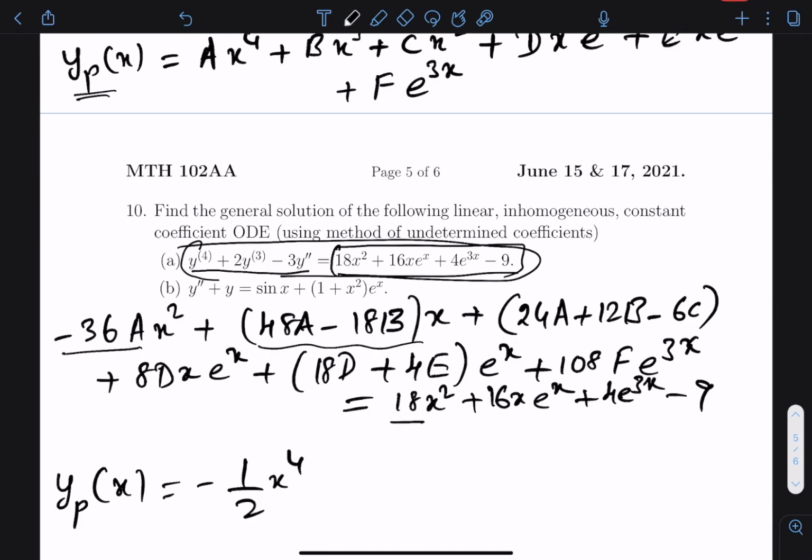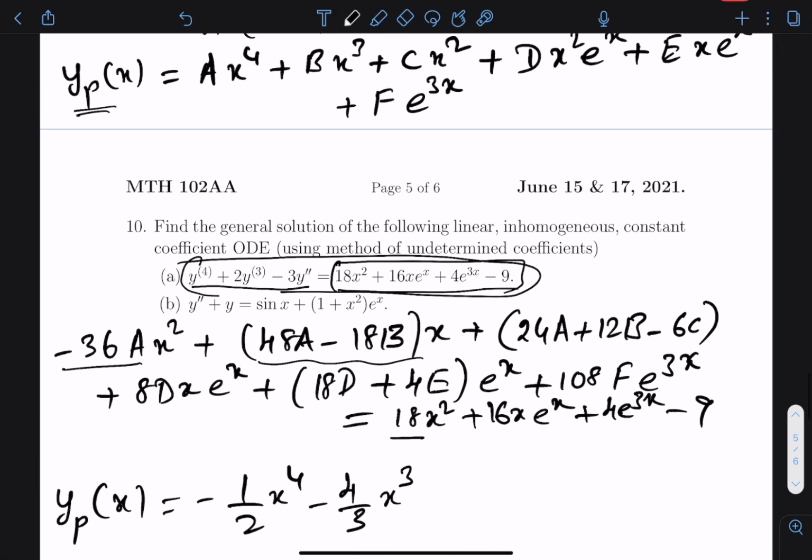So b is minus 4 by 3. This term is anyway going to be 0. So you compute b, so it is minus 4 by 3 x cube, okay?